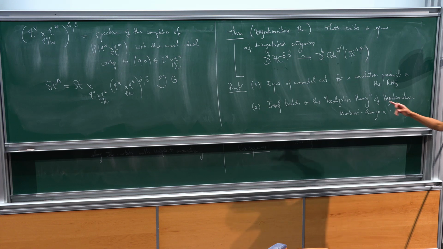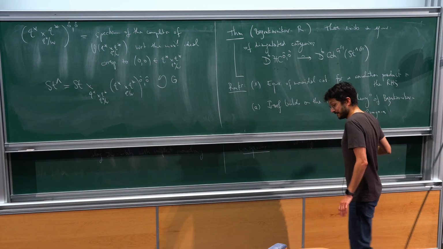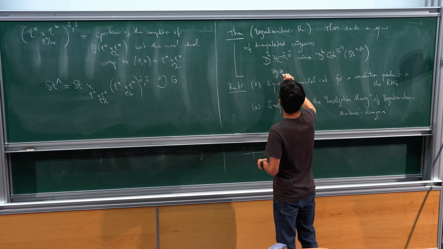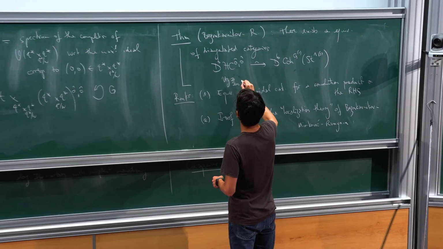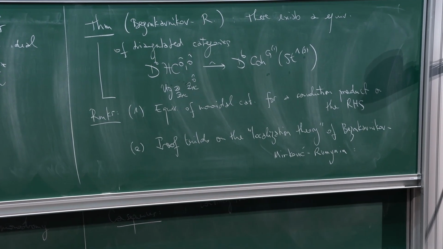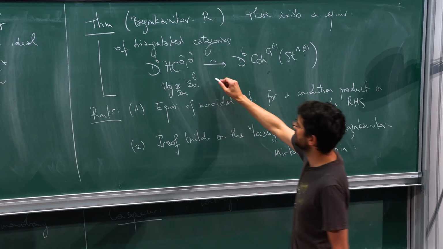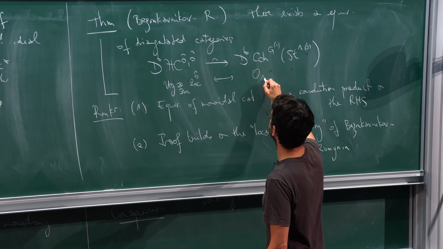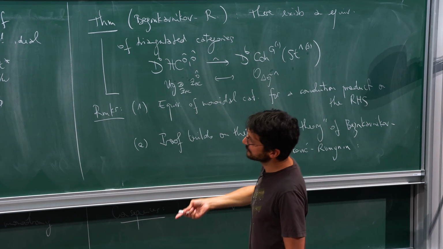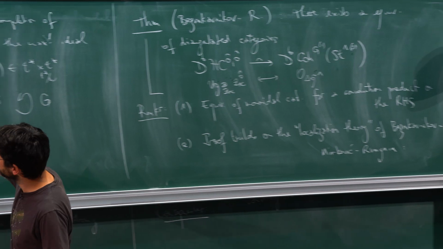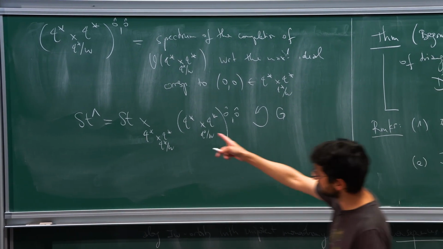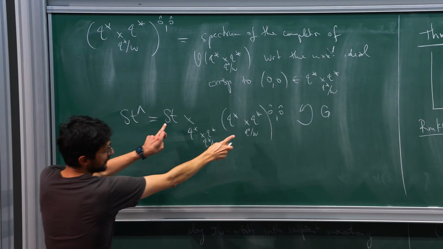So if you consider UG and then you tensor over the Harish-Chandra center with the completion of the Harish-Chandra center at the trivial character, it corresponds to functions on the diagonal copy of G tilde hat, because you take the fiber product with this.